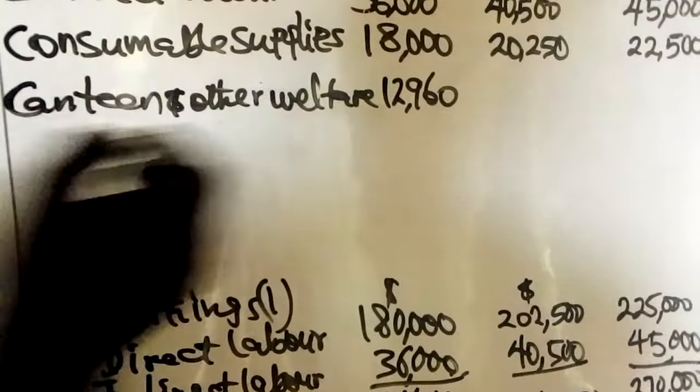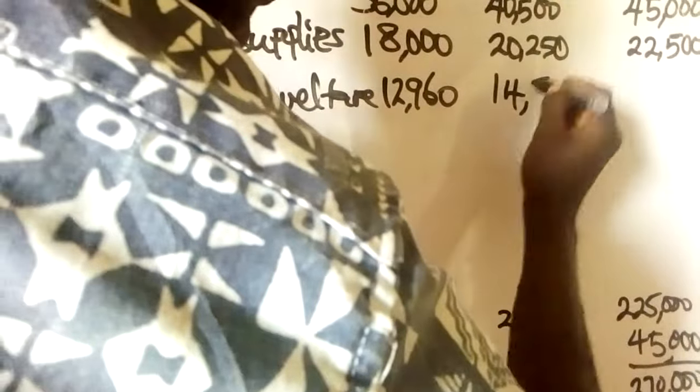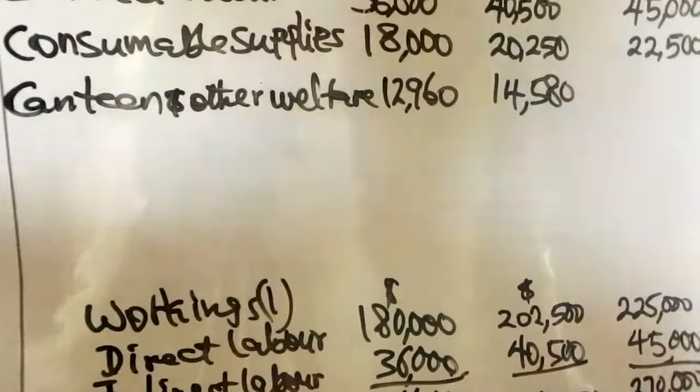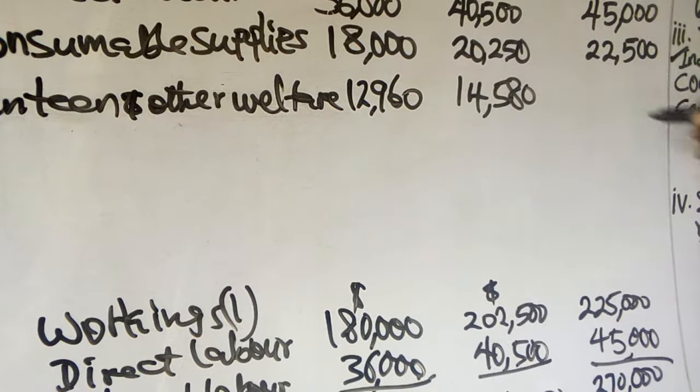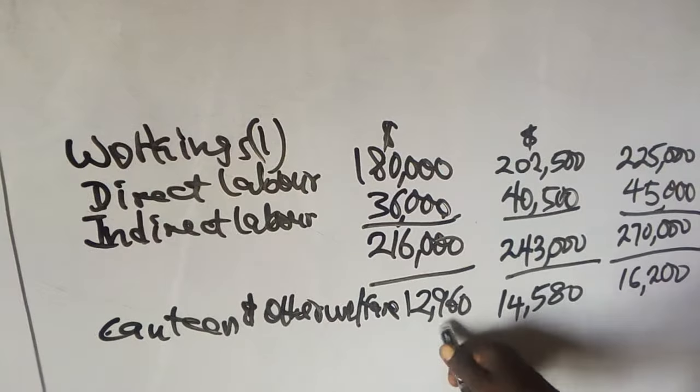Then we have 14,580 and 16,200 as calculated below. That is in our working one.